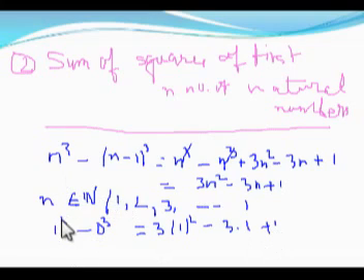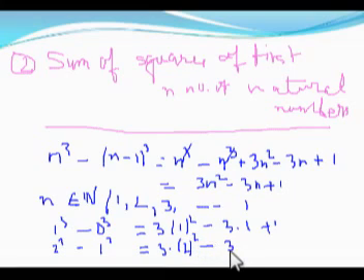If we put n equal to 2, we will get 2 cube minus 1 cube equals 3 into 2 whole square minus 3 into 2 plus 1.